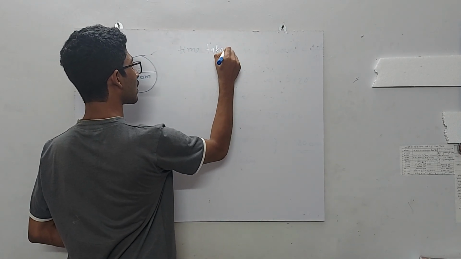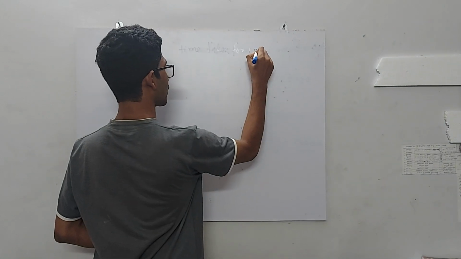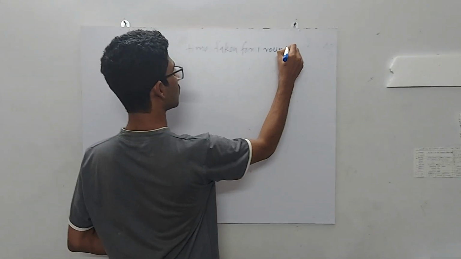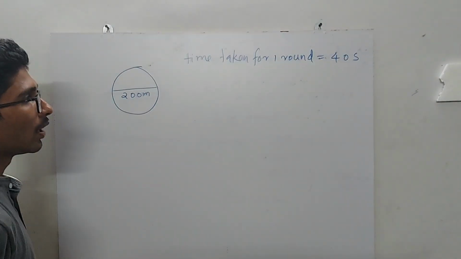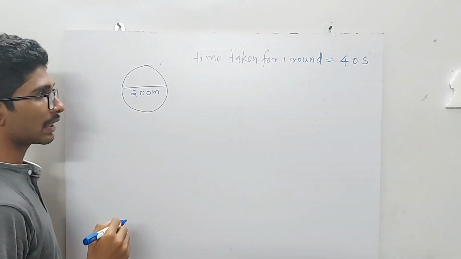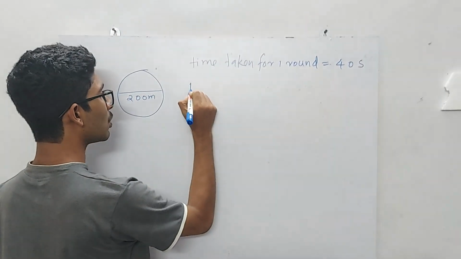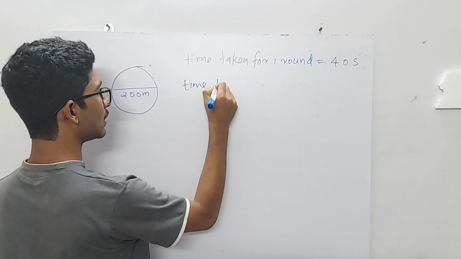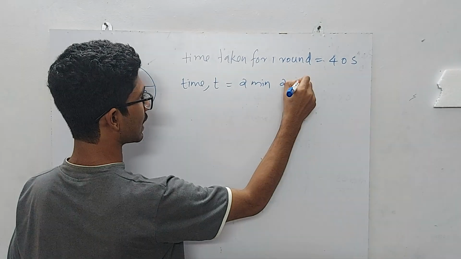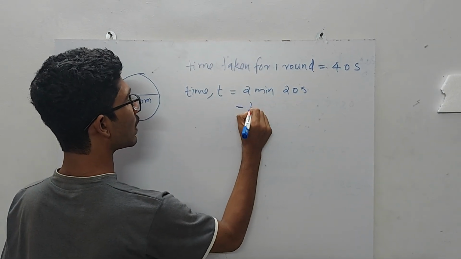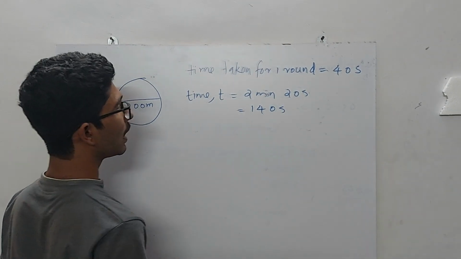Time taken for one round is equal to 40 seconds. So after 2 minutes 20 seconds, time of journey t is equal to 2 minutes 20 seconds, which can be written as 140 seconds, isn't it?